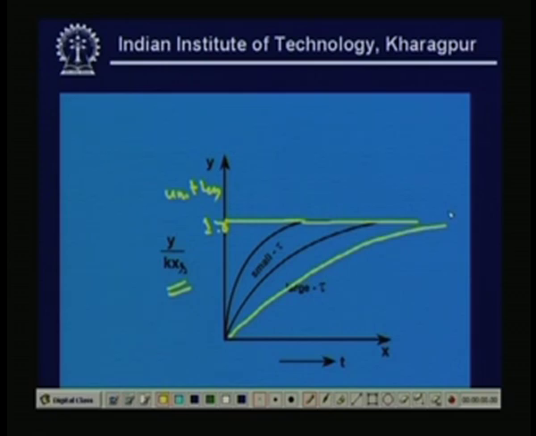Suppose I have an example of this, a thermometer. It is a simple mercury in glass thermometer, fine. Depending on the type of liquid you are using, the thickness of the glass and all those things, it will have some value of tau, because physical parameters control the value of tau.